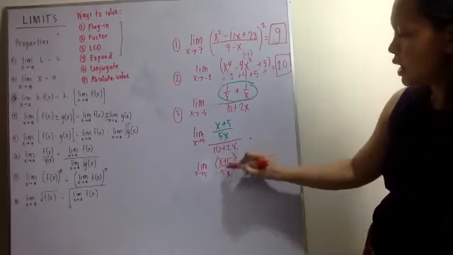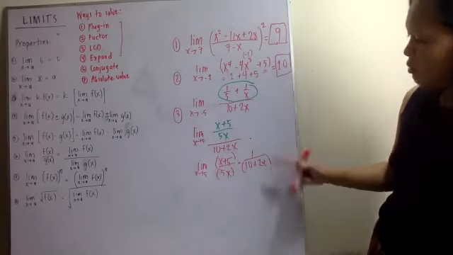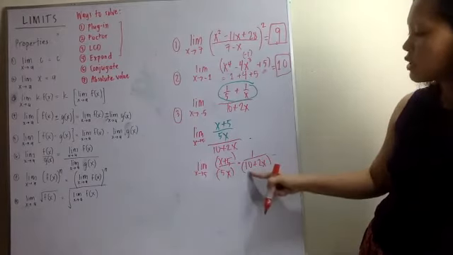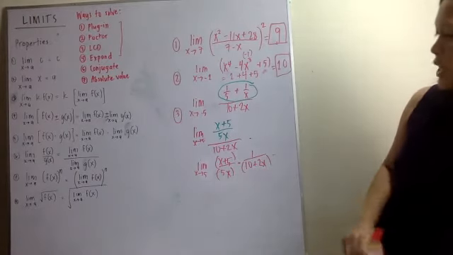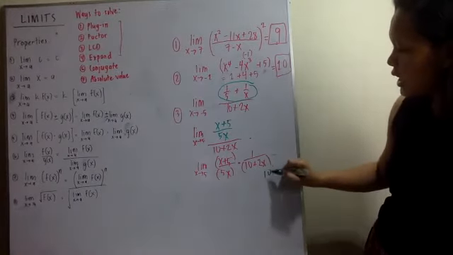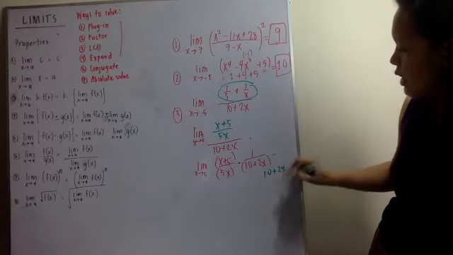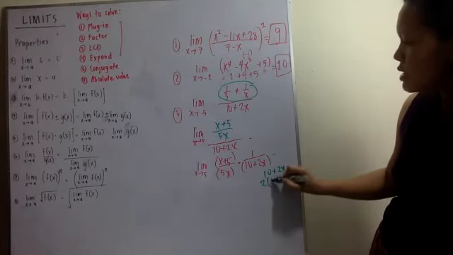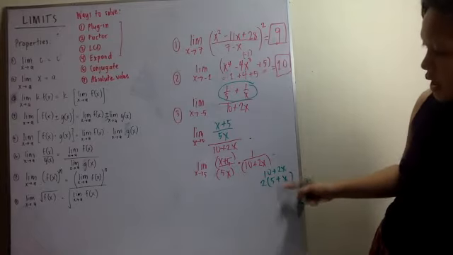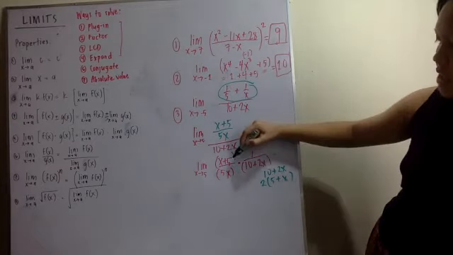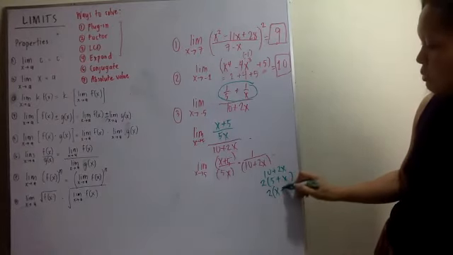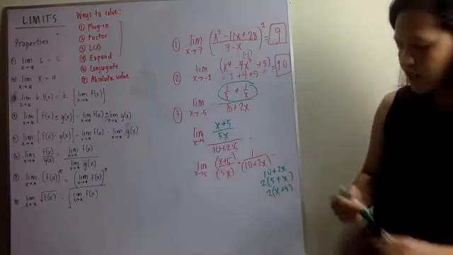If you notice, we can factor this. What's the factor of 10 plus 2x? We can take out 2, so 2 times 5 plus x, or x plus 5, which is the same, just rearranged.